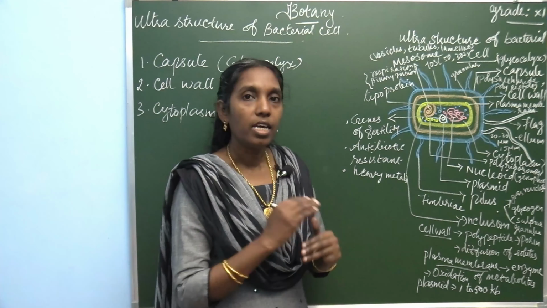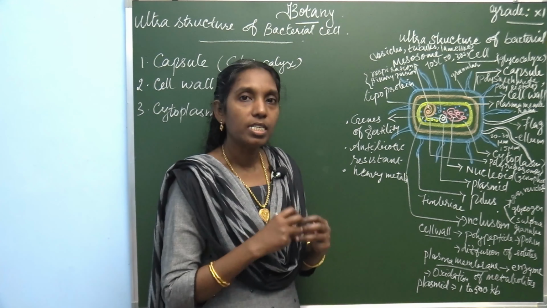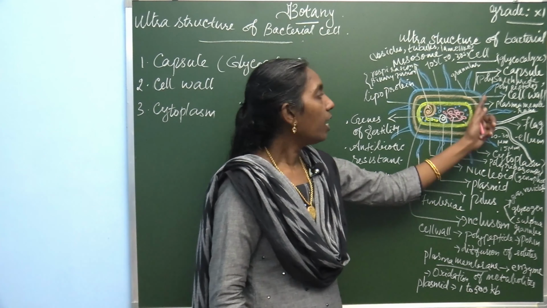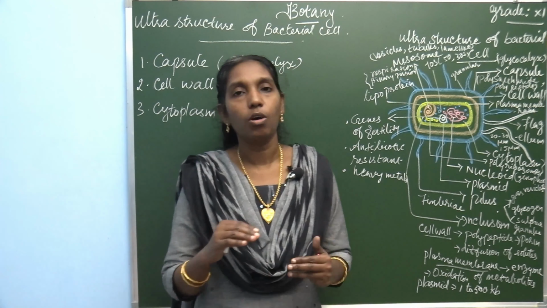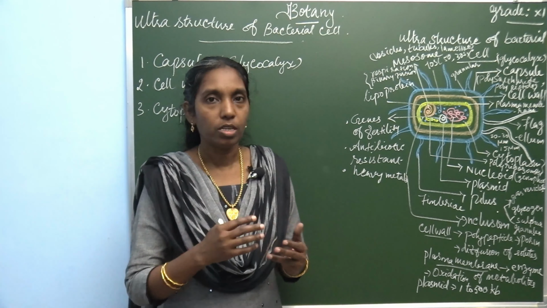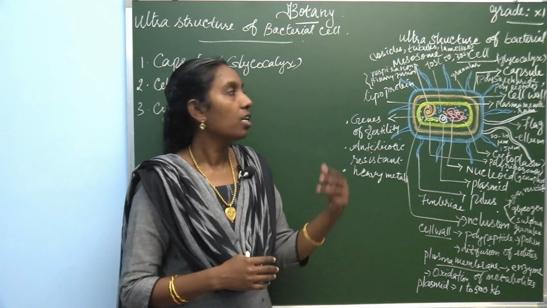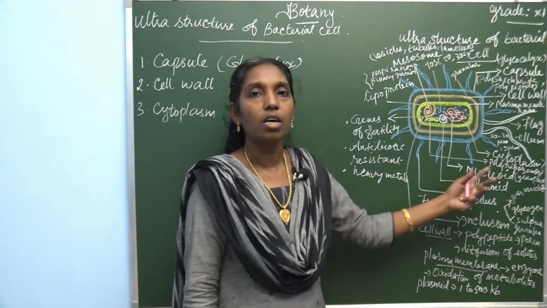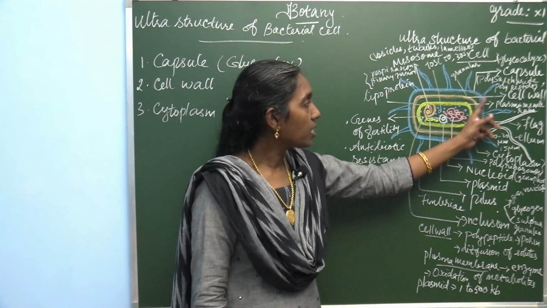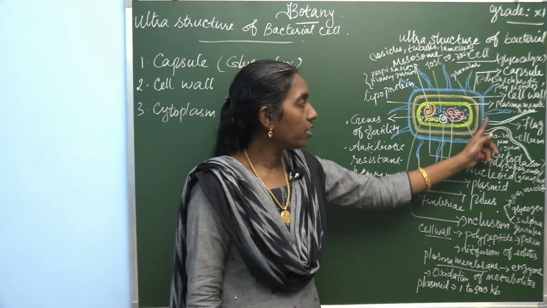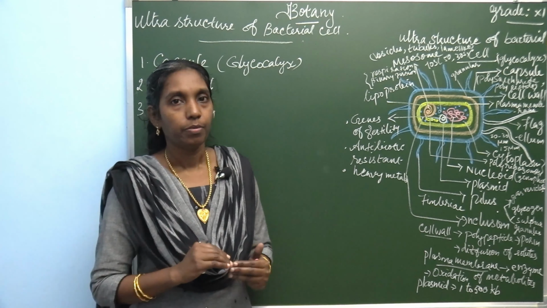The nature of this capsule is sticky. Because of this sticky nature, it helps the bacterial cell to attach to the surface of plant roots or the tissues of animals, like tissues or teeth. The gelatinous, sticky nature helps to attach to the substrate.